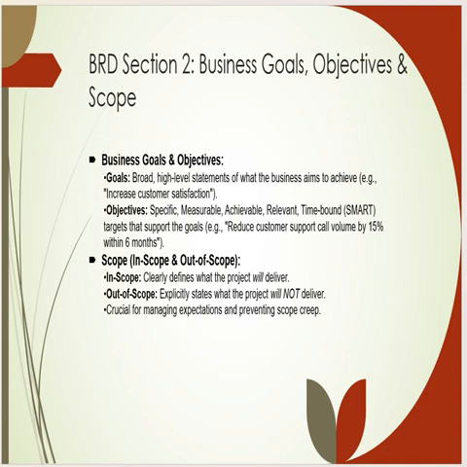It's the second section of the BRD. Second, business goal, business objective, and the scope we will cover in that part. So let's start with business goal and business objective.